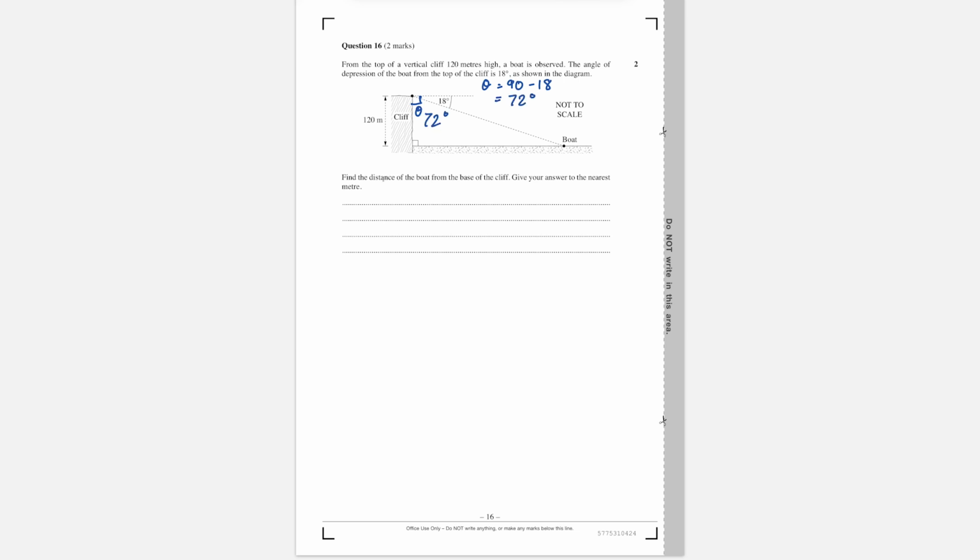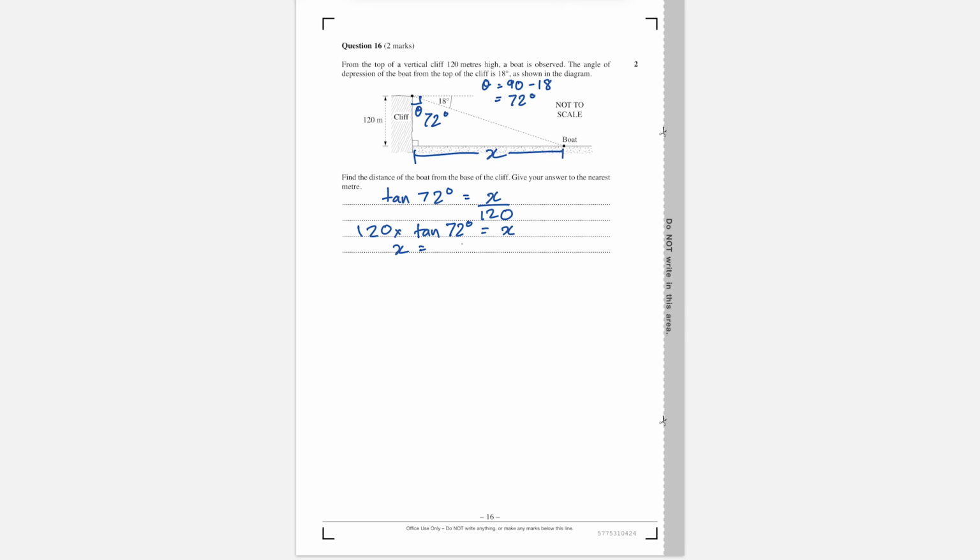72 degrees. All right, now we simply use tan. So tan 72 degrees is equal to, this is the distance that we're after, x, the distance between the boat and the cliff. So tan 72 is equal to x over 120. Rearranging this to make x the subject gives us 120 times tan 72 degrees equals x.